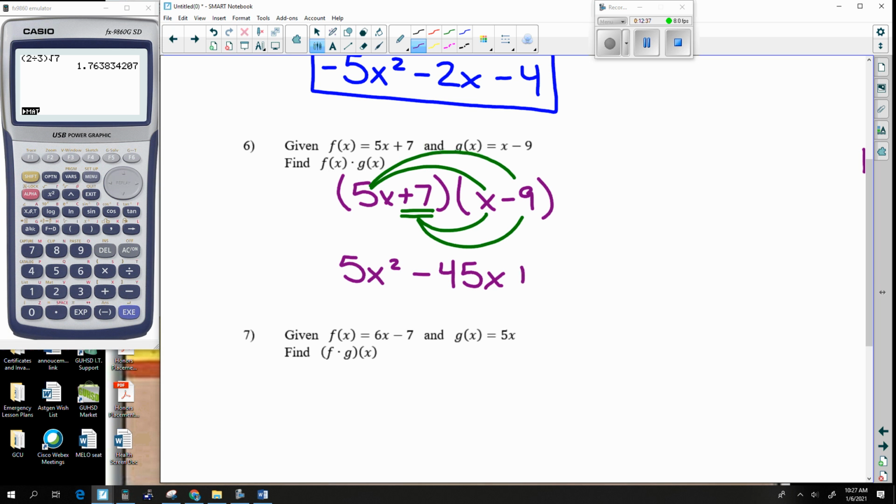So 7 times x is 7x. 7 times -9 is -63. All that's left now with this problem that we created is just to put the like terms together. So x squareds, there's only 5x squareds. X's are -45 plus 7, so that'd be -38. And normal numbers are -63, so that'll remain -63.